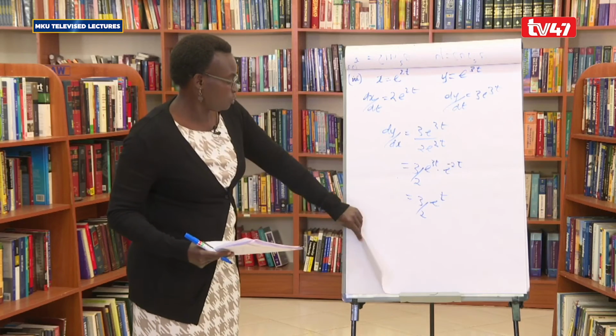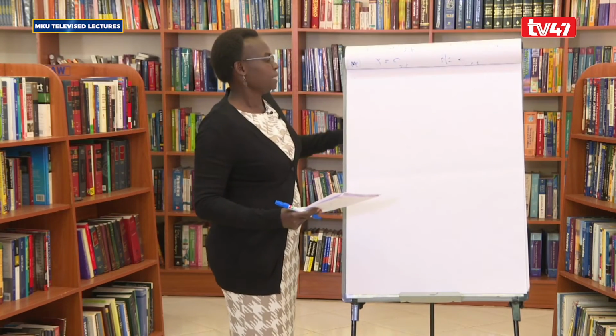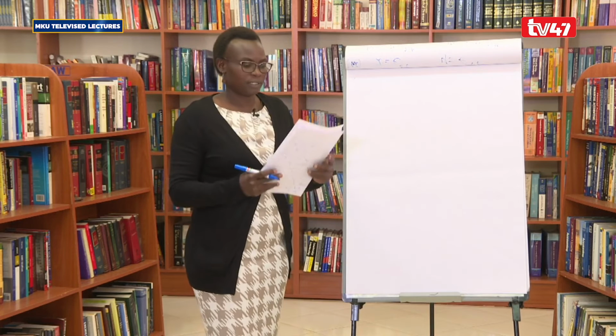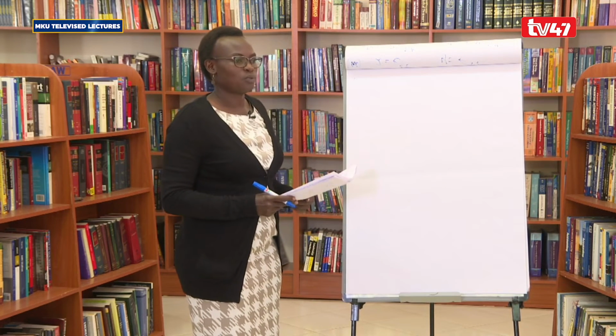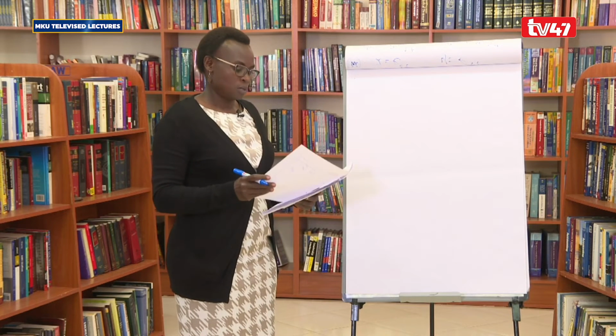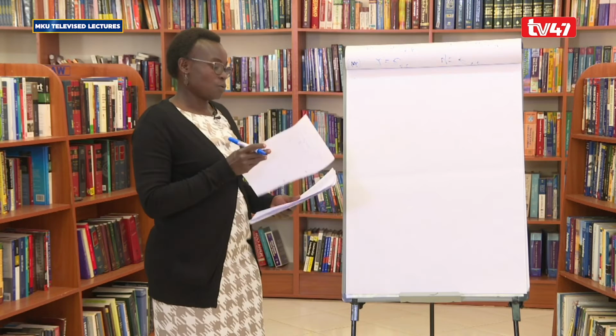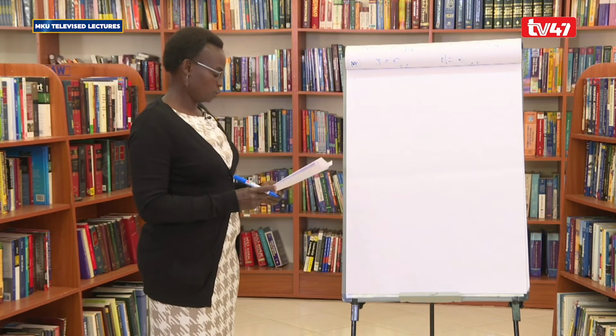So next we move to the last thing that we will be doing today, and that is higher order derivatives. We look at higher order derivatives for algebraic functions, and then we move to also implicit functions and parametric functions.